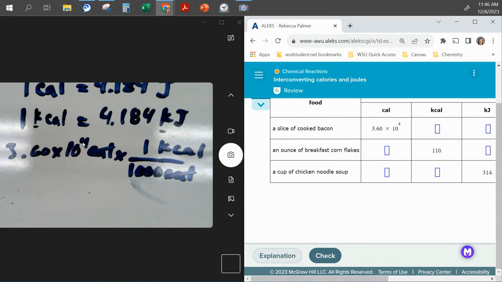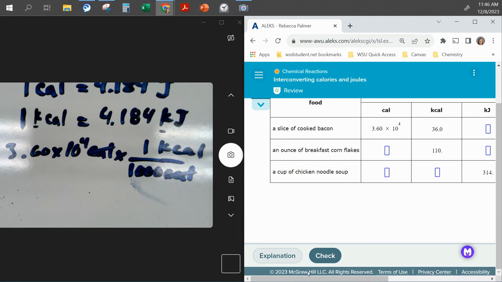I would just move this down by 3, so it'd be really 3.6 times 10 to the 1, which is really 36. And this has 3 significant digits, so I'm going to keep 3.